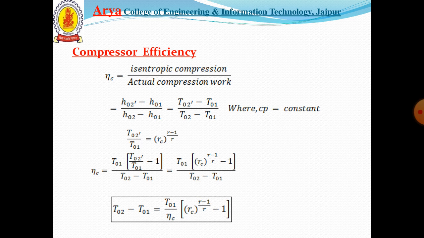Therefore, it is equal to T02 dash minus T01 upon T02 minus T01, as Cp is constant, and T02 dash upon T01 equals Rc to the power R minus 1 upon R.